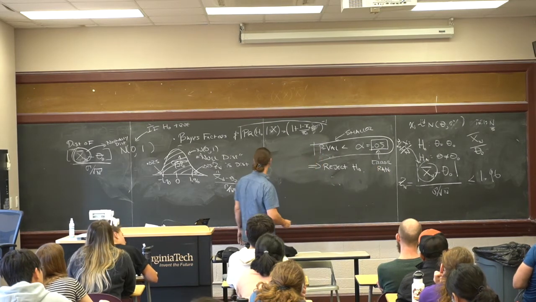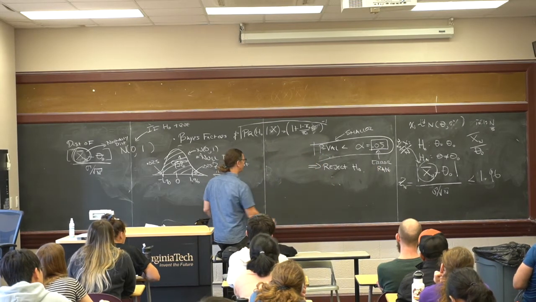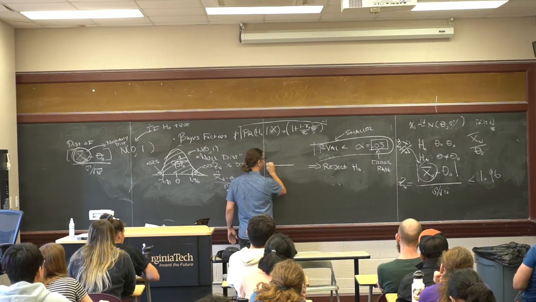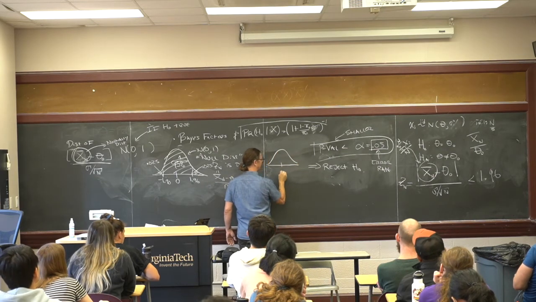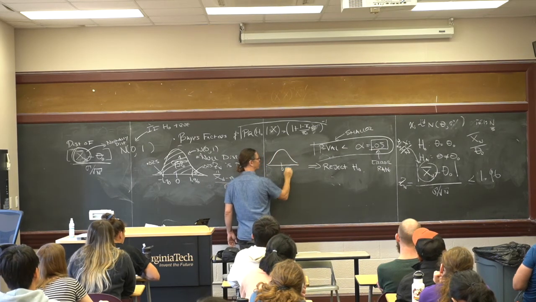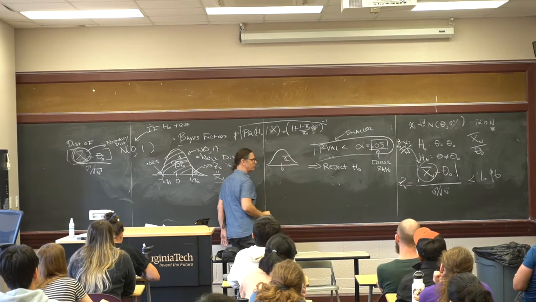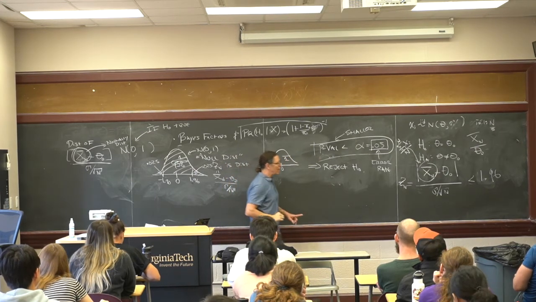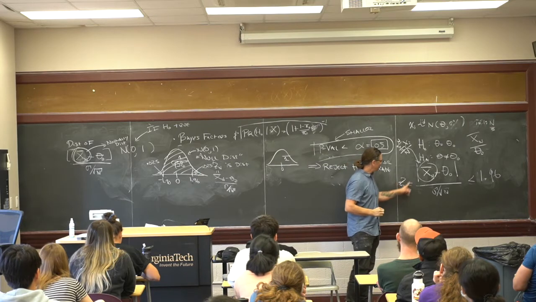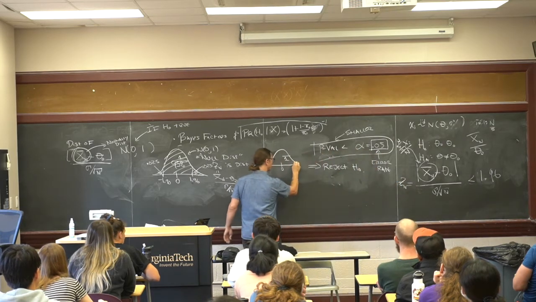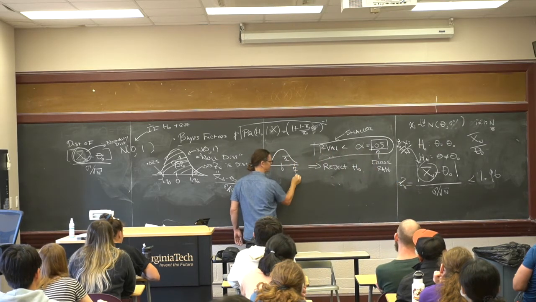What would the p-value be? It would be wherever, so I have this thing centered at 0. This would be my null distribution. What I do for this thing right here, I take my z-score. So maybe my z-score is here. Zn, this is maybe 1.96.